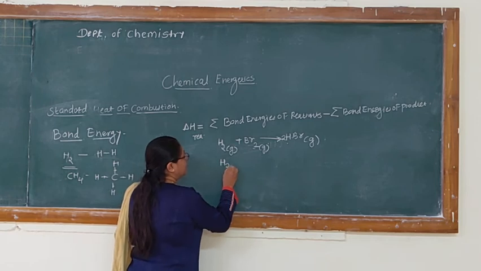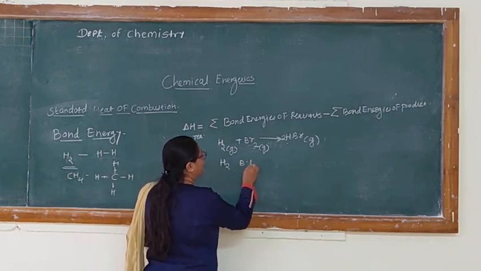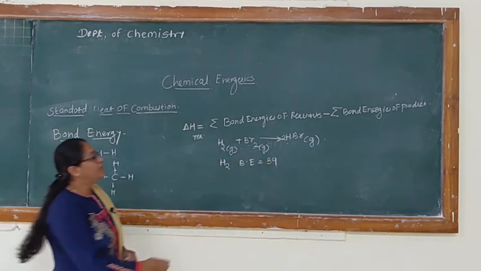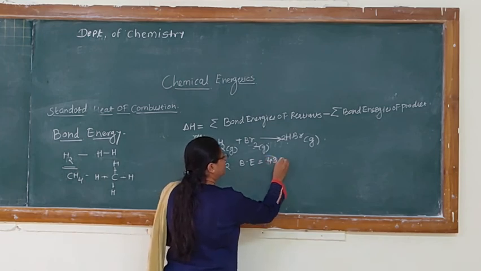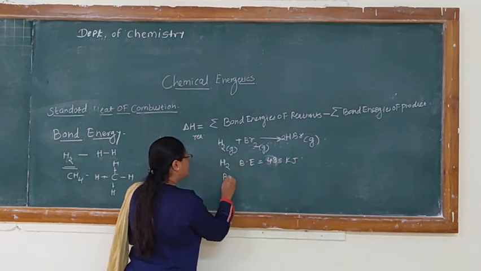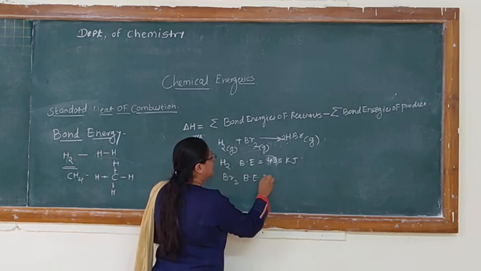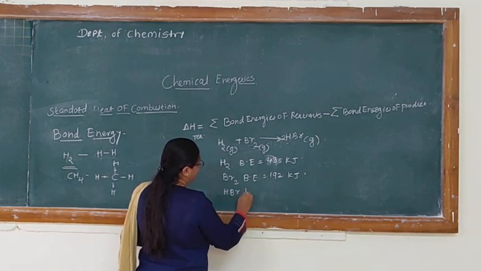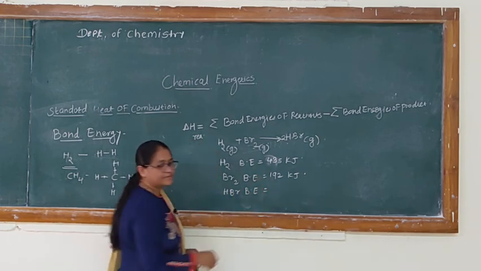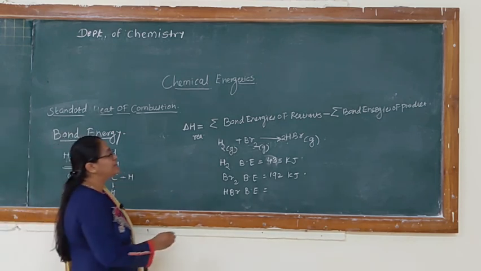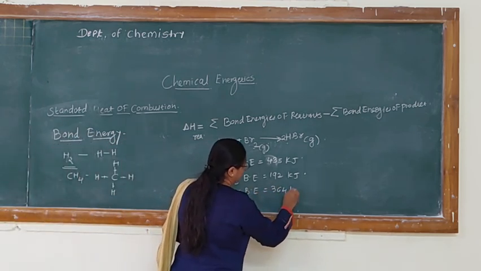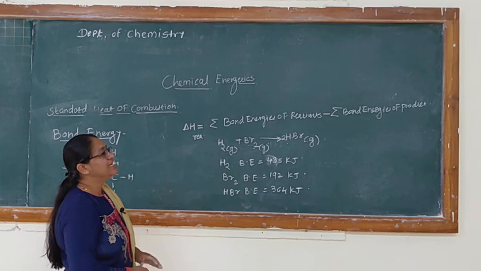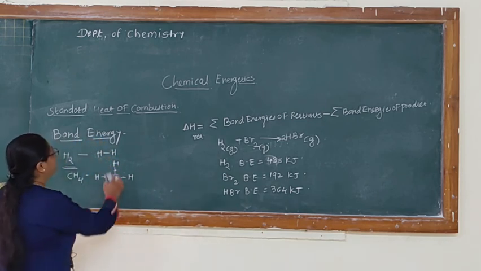For H2, the bond energy given is 435. For bromine, it is 192, and for HBr, it is 364 kilojoules. And we are asked to calculate the delta H for the reaction, that is the enthalpy for the reaction. So let's calculate it.